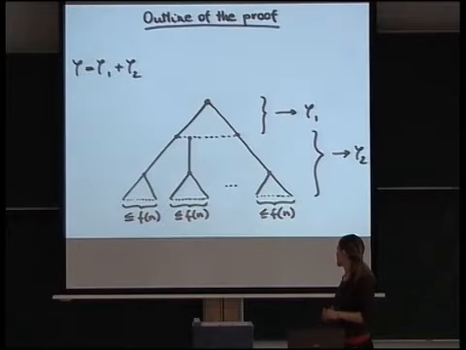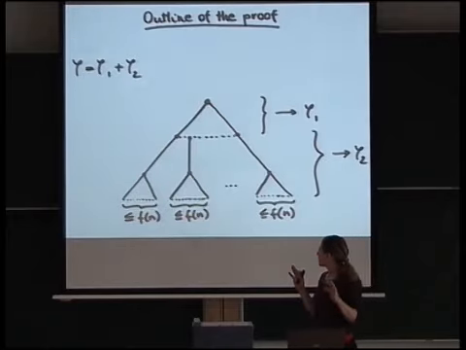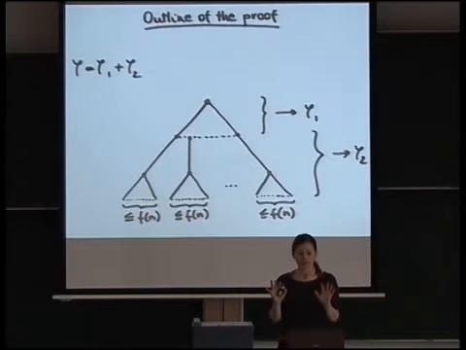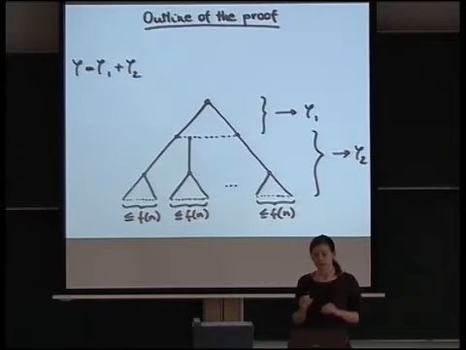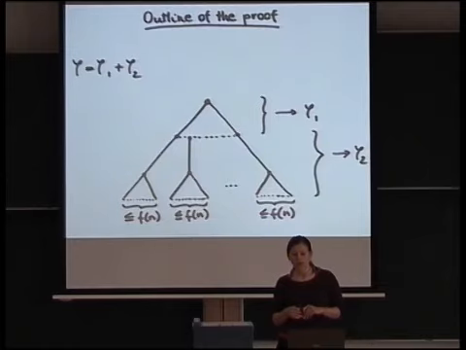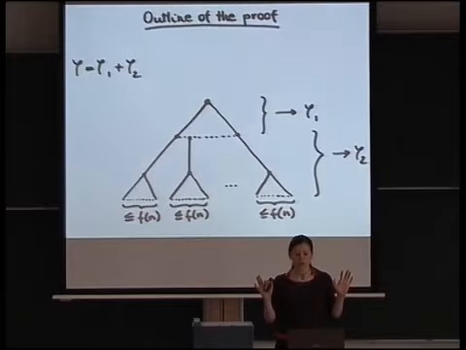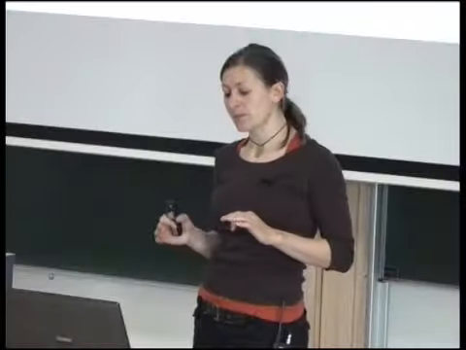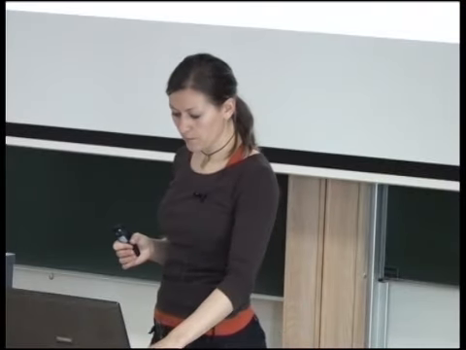Edges in the second class are included in pendant subtrees, and they have at most f of n leaves below them. Let phi1 denote the contribution of the central edges to phi, and phi2 the contribution of the edges in the pendant subtrees to phi.